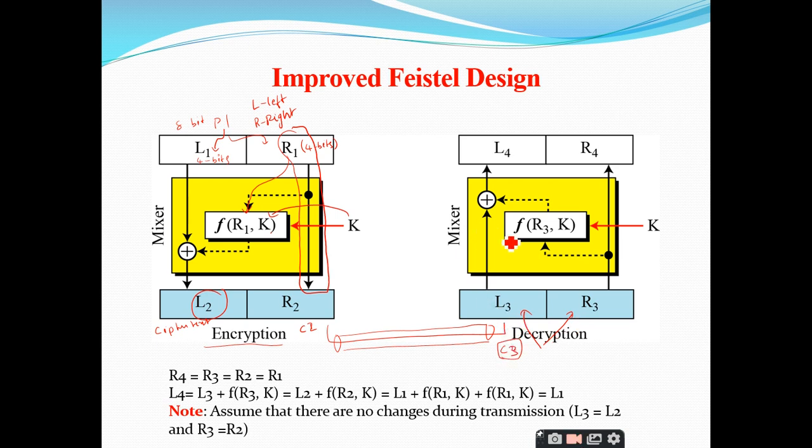Again this L3 is XORed with a function that is defined from R3 and K, right? And R4 is generated, it is a direct input from R3 to R4. And L4 is generated with an XOR function, right? Is it clear up to this point?